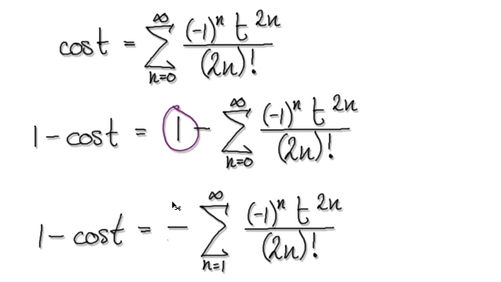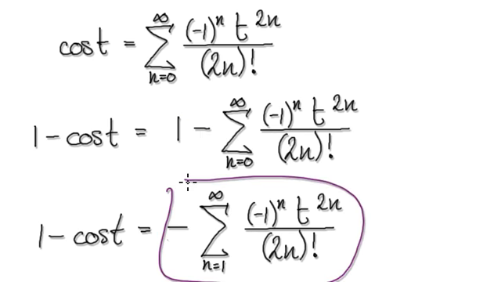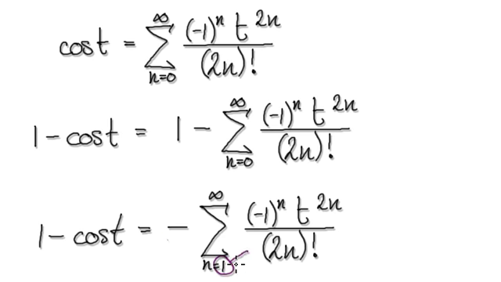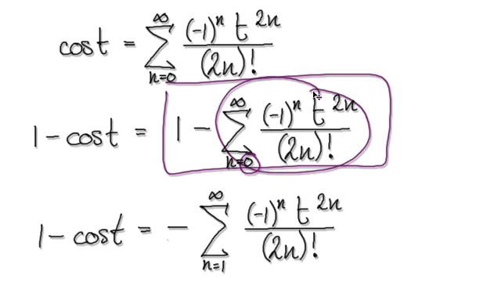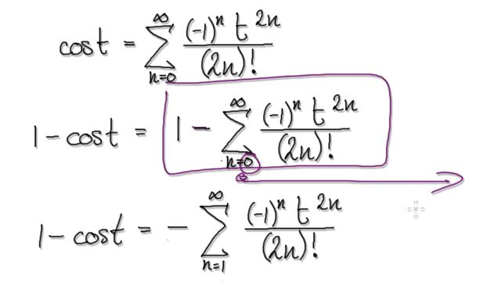If you tidy this up, it will then give you this, but this time you start with 1. Now let me go back one step. We were currently here. The first term of this summation is 1, so we cancel out with this. Now you've got minus all the rest, and all the rest starts at 1.